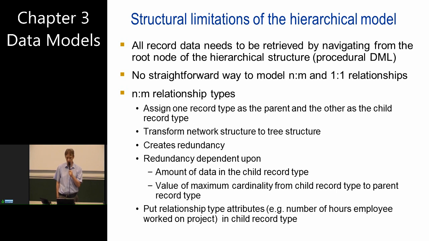Well, in order to solve that query you have to run through all records of the department record type, which in that particular example is the root of the hierarchy. So you run through all the records. First you have finance, then you have logistics, then you have HR, and then you have marketing. Once you have marketing, you found the record, you go down the relationship type, and you navigate through all the employees that work in the marketing department.